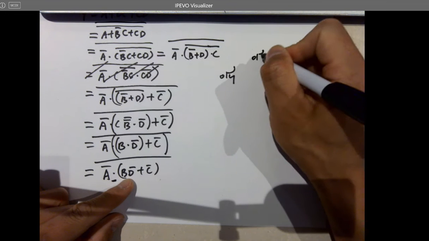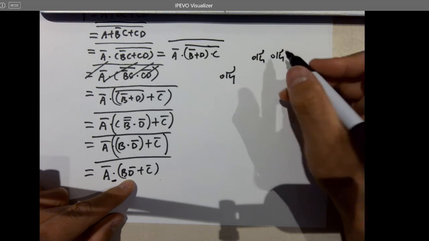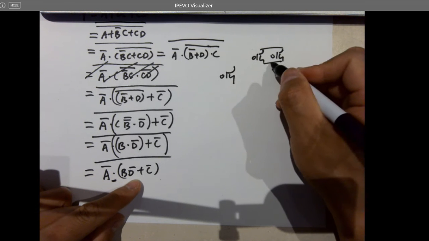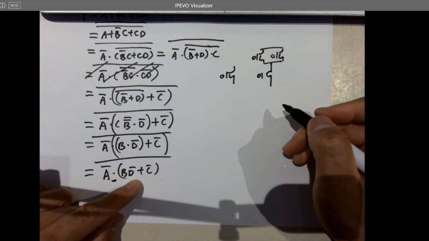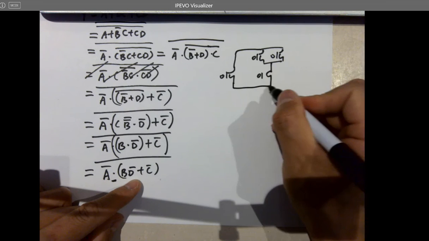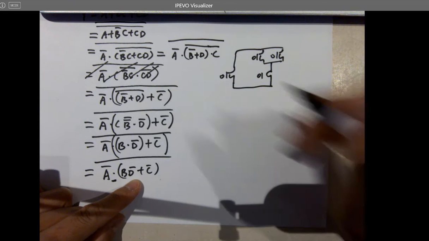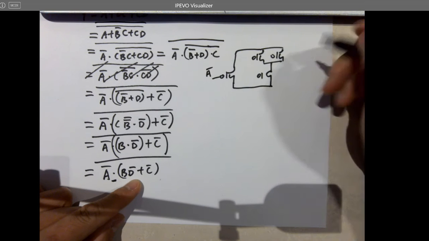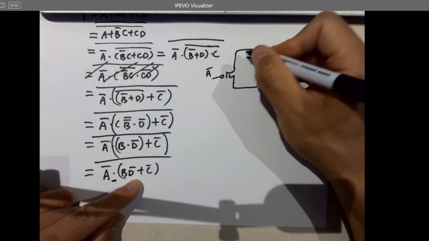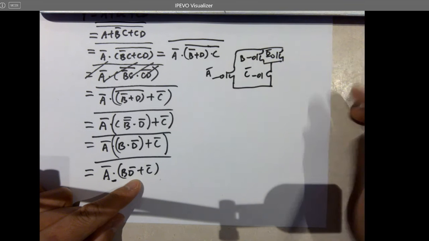So you are getting B and D not in parallel, and in series with C not, and in parallel with everything. So this is A not, this is B, D not, and this is C not.